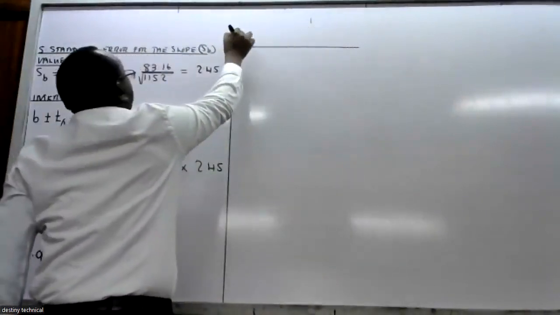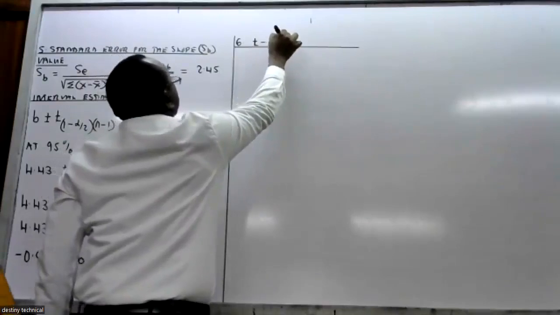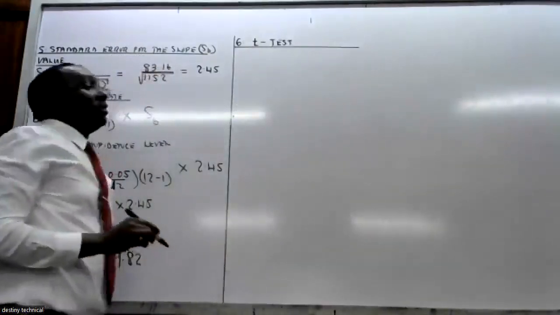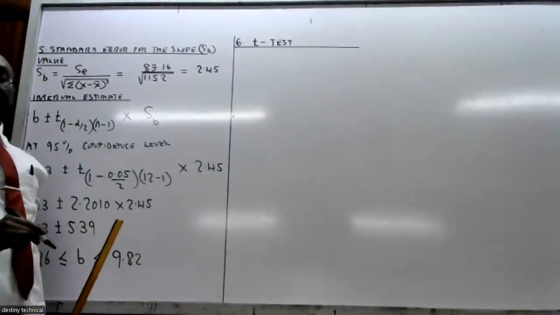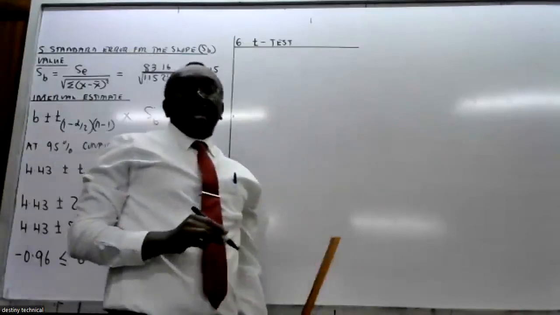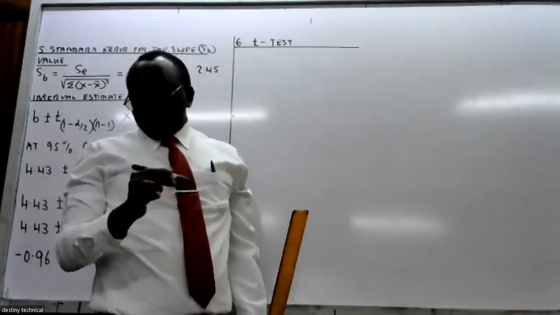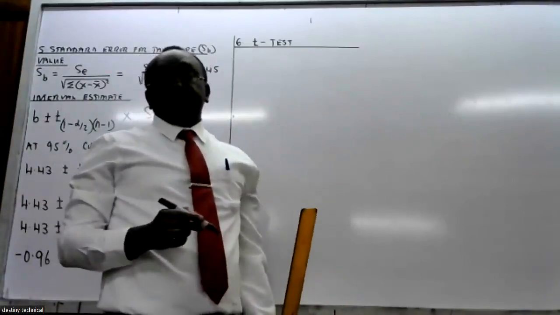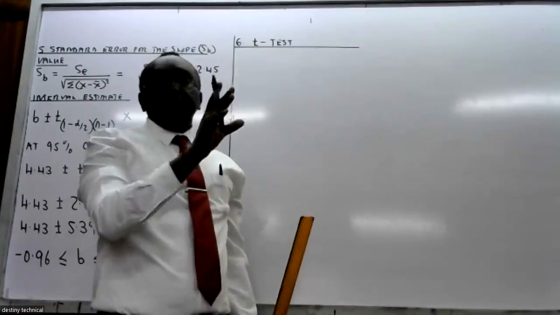Test number 6 is called t-test. Now, t-test is used to show how significant x is as a predictor of y. As in, when you look at x, can you be able to know y?